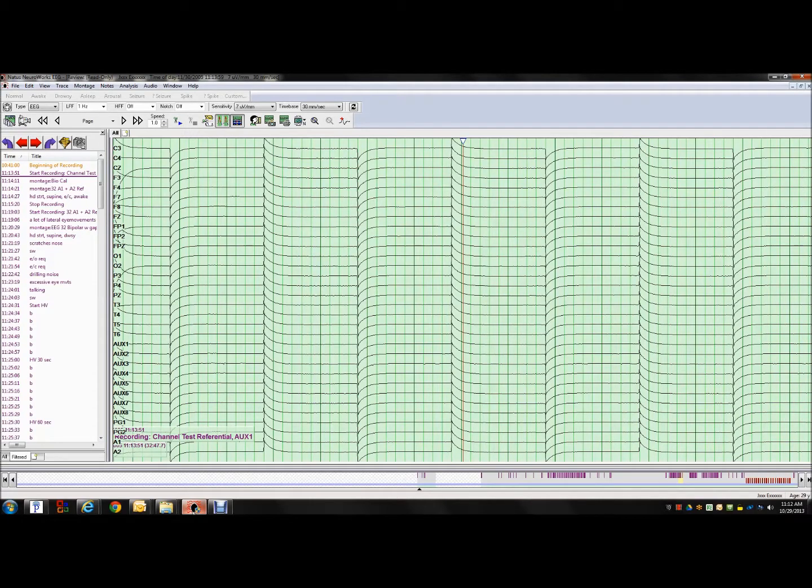There's all kinds of artifacts. So just to review, the two types of artifacts are an anatomical artifact and an environmental artifact.